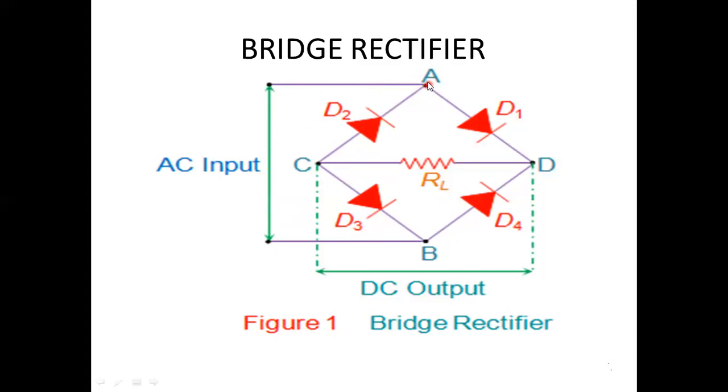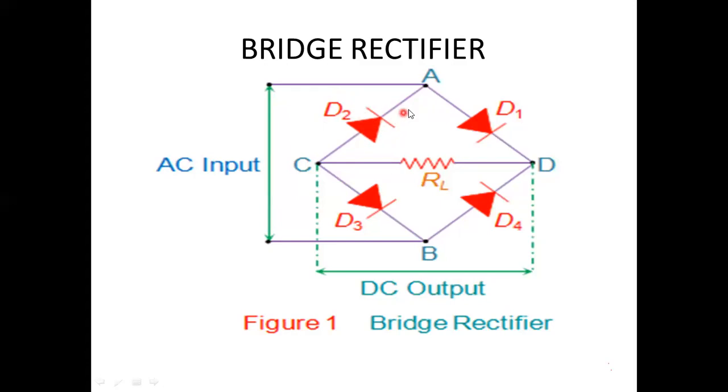At this point, some current will flow here and some current will flow here. But for this current, the diode D2 will be in reverse bias, so D2 will not conduct for the positive half cycle.